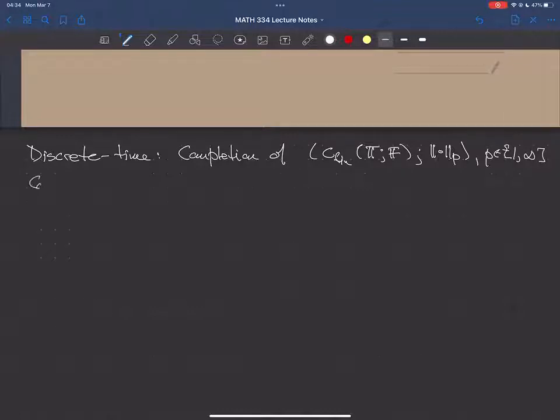And in the continuous time case, we found the completion analogously, well, analogously in concept, but not in detail, of continuous compactly supported signals on continuous time domain.